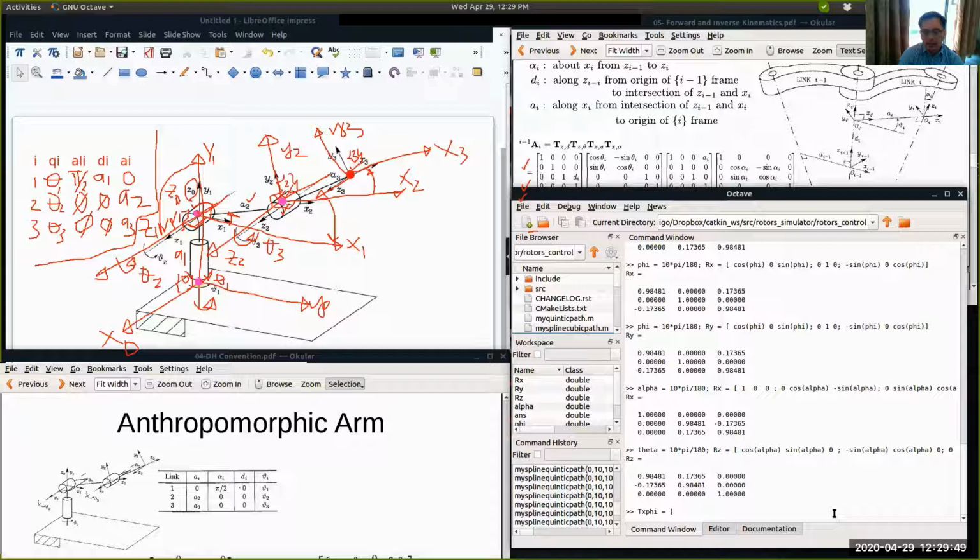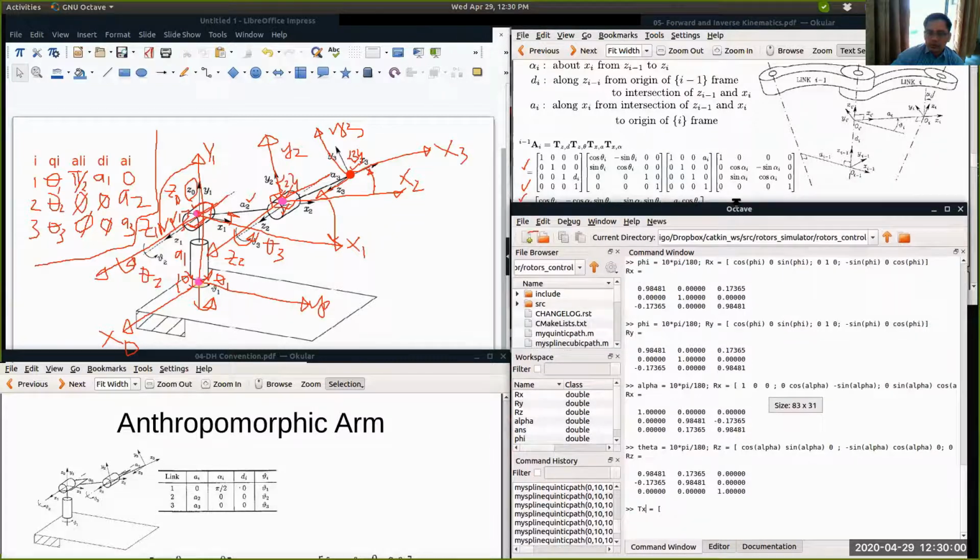No, we want to follow, I want to follow this convention here. So transformation of x by alpha, okay, where is x by alpha there? So x, Rx, and this is 0, okay.